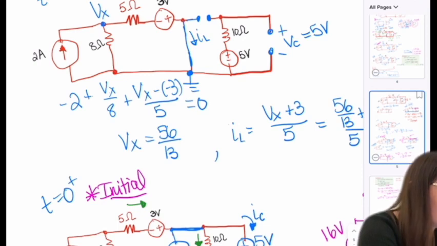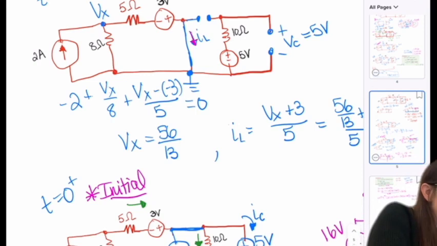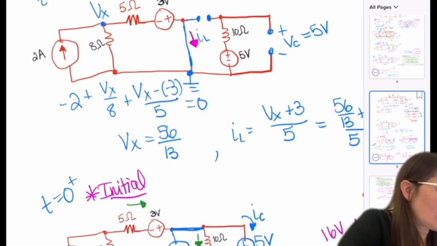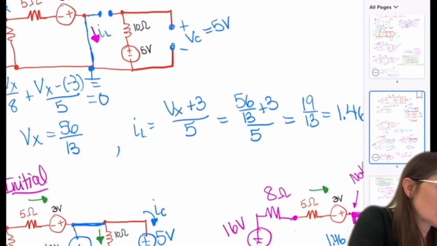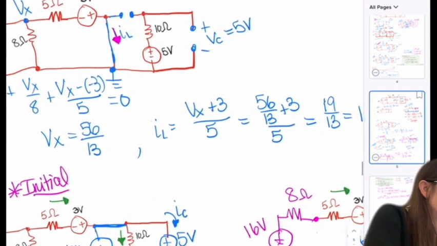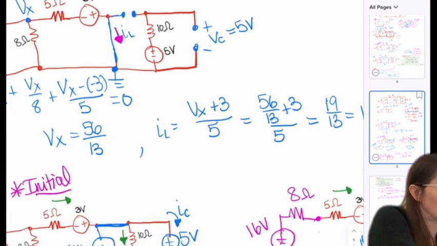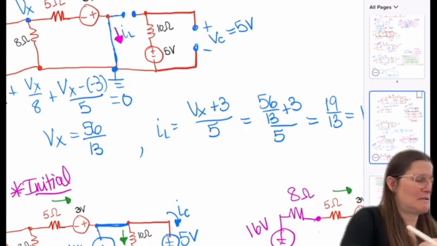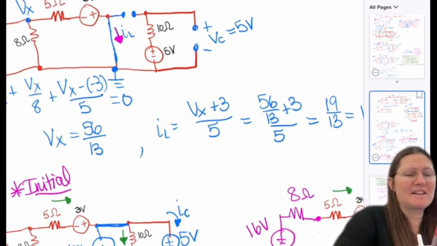So for 0 minus, I found the Vx value, and then if I know the current, to find IL. Vx I solved to be 56 over 13, and then IL is going to be Vx minus a minus 3 over 5. Yes? For Vx, I found it to be 8.